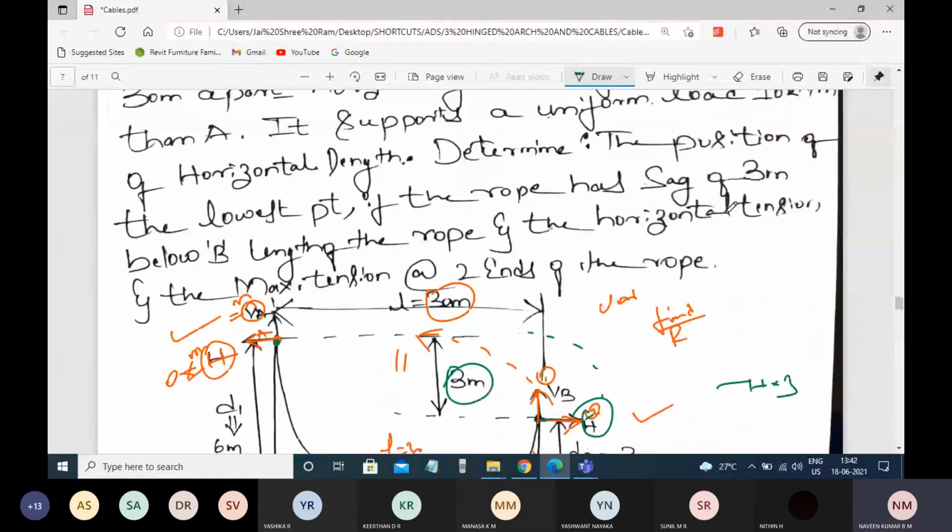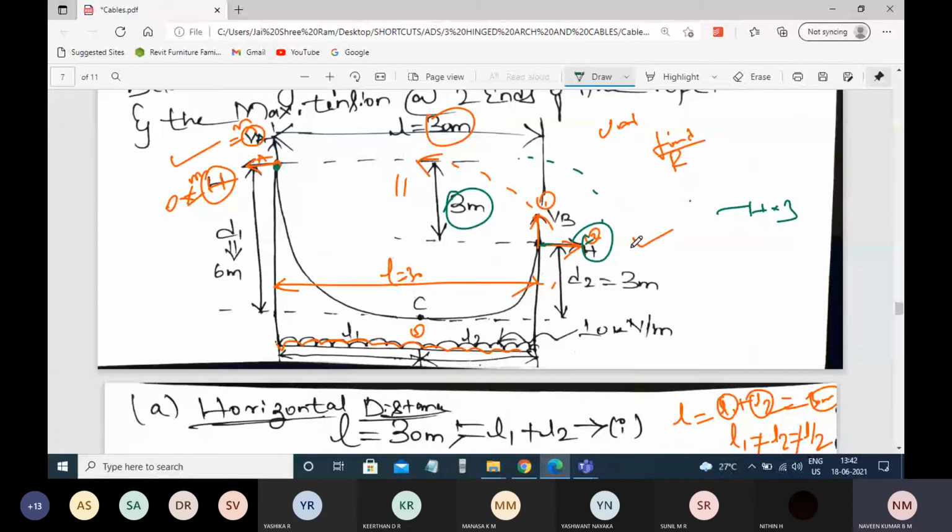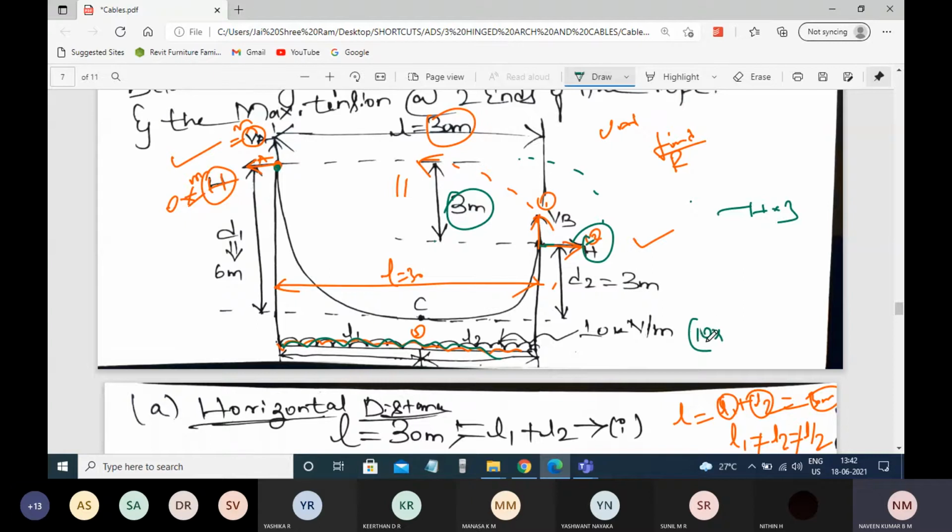So now let me go to this particular one. This is again a UDL. The load intensity is 10 kilonewton per meter. The moment created by this UDL is load times perpendicular distance. So your load equals 10 times the length of the UDL that we need to consider, that is 30 meter.